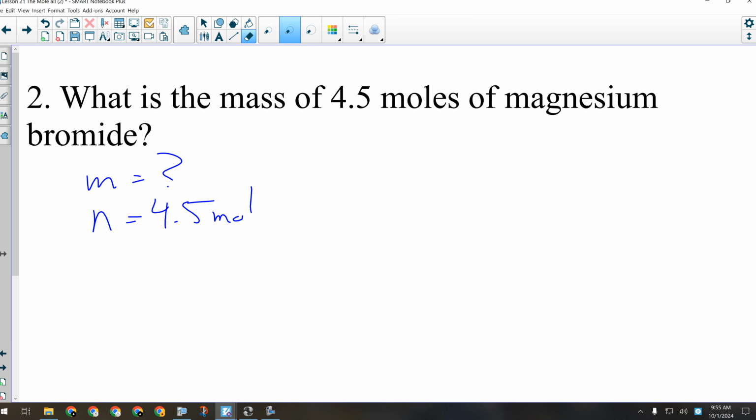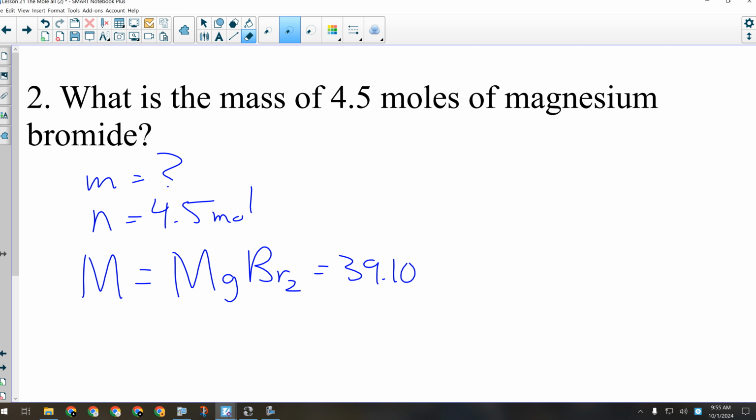So big M is MgBr2. That's going to be 24.31, magnesium, plus bromine, which is 79.9, and there are 2 of them, so times 2.